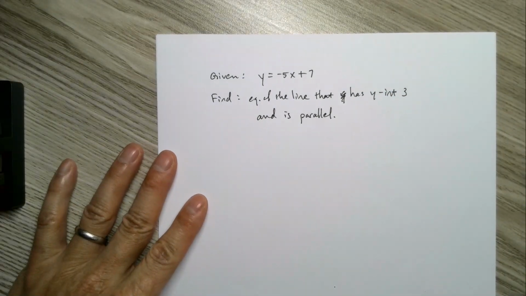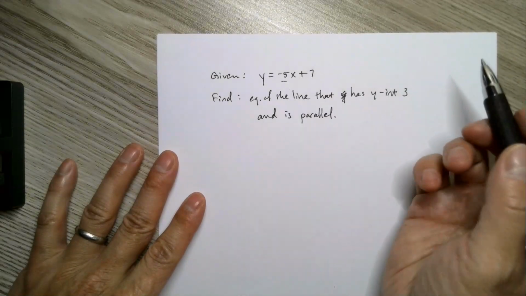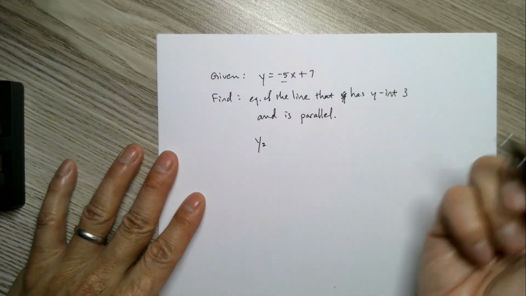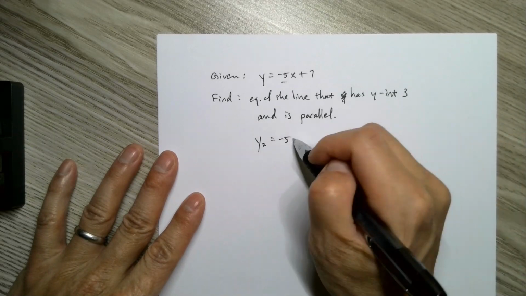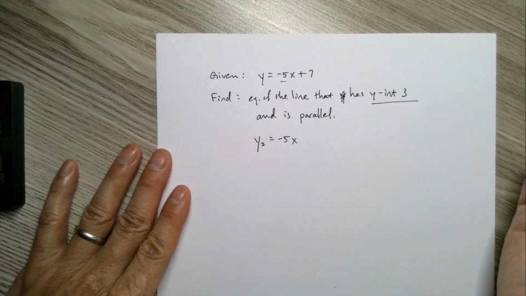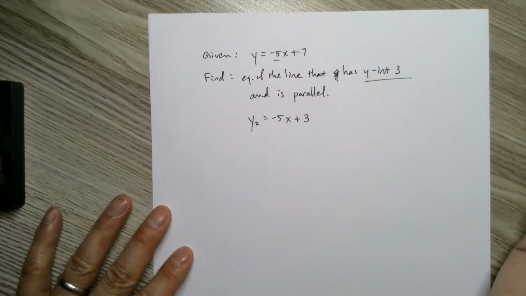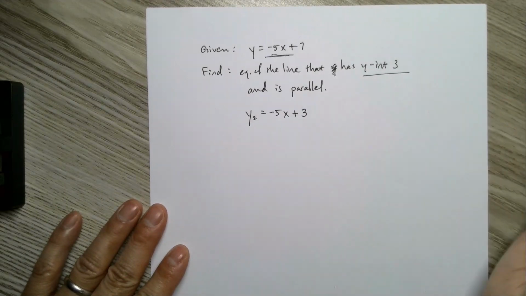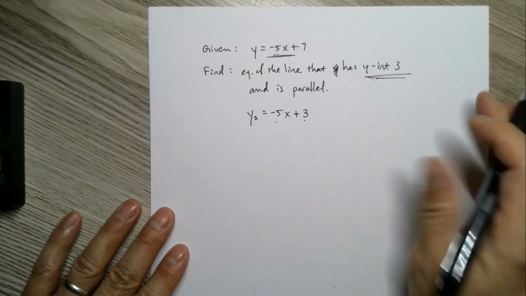First let's get the slope down. Since the slope here is negative 5, then my y2 line has got to have a negative 5 slope as well. And then they've given me the y-intercept, so I'm home free. I just have to put the y-intercept there. They pretty much gave me the slope, and they gave me the y-intercept. So no problem, I just plug the slope and the y-intercept in.